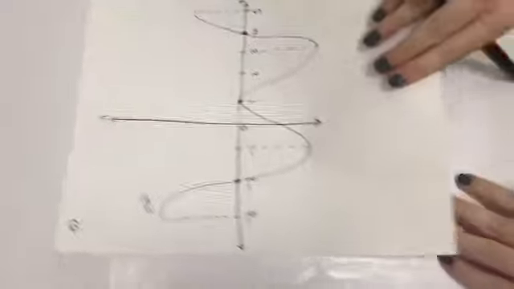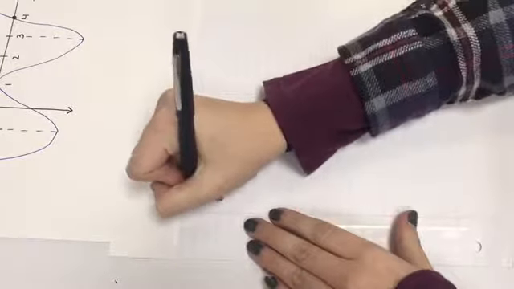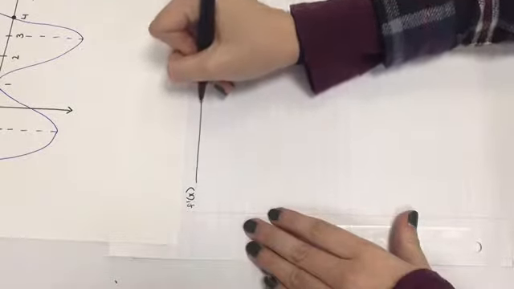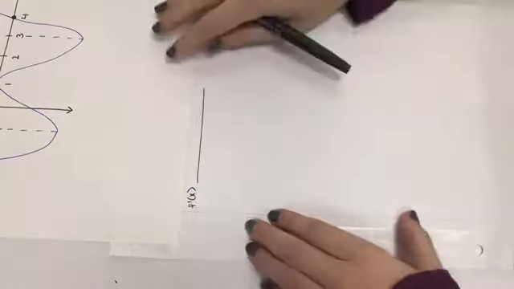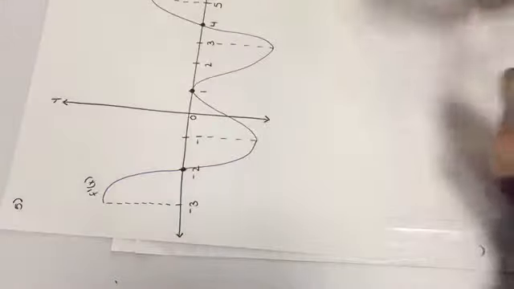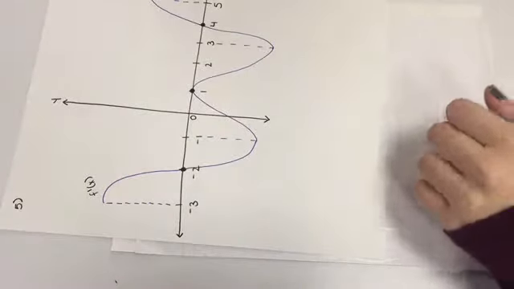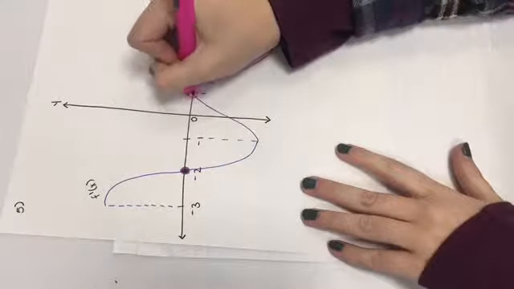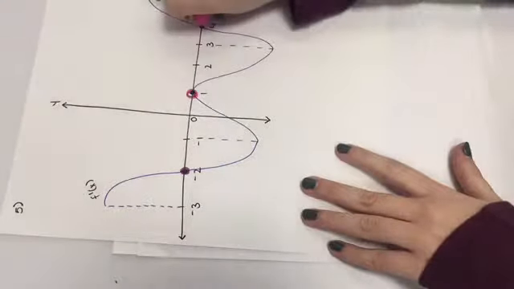So we note that the maxes and mins of f of x are equal to the roots of f prime of x. So note the roots: -2, 1, and 4.